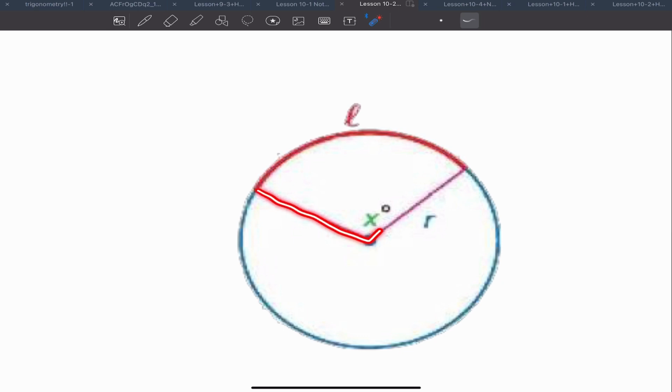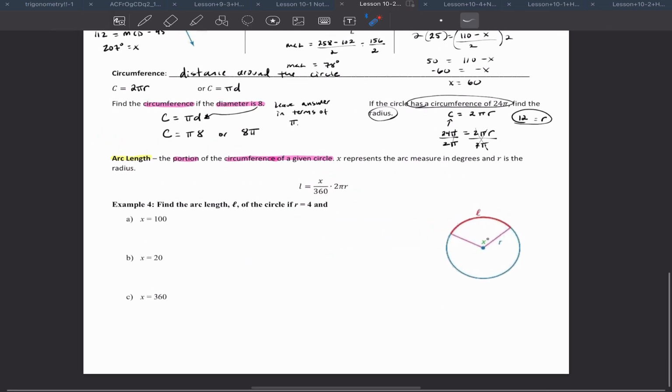So if this central angle is 30 degrees, then the intercepted arc, in terms of degrees, is also 30, okay? But I don't want you to understand that the arc length is 30 degrees because, again, we're trying to figure out how long this arc here is in terms of length, in terms of centimeters or inches, etc., okay?